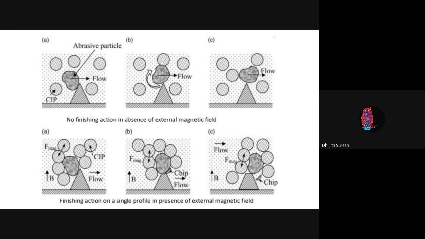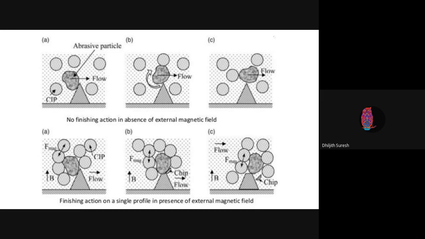Now in the second case, the bottom portion, you can see the figure here. The CIPs, or the carbonyl iron particles, form a chain-like structure. So while the chain-like structure is formed, it will capture the abrasive particles, so the abrasive particle is embedded inside the chain-like structure.